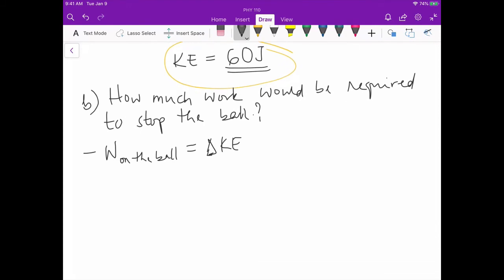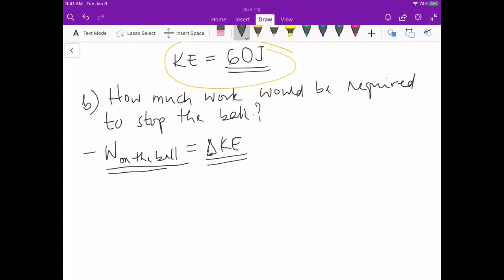There's something we call the work energy theorem. The textbook normally doesn't touch it that much. So you are working against the ball. As a result, the negative work that you do on the ball is resulting in the change in kinetic energy.